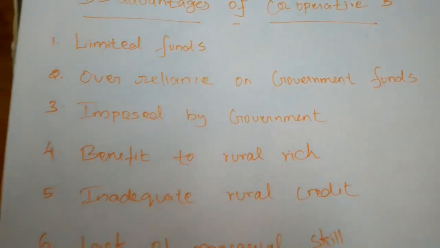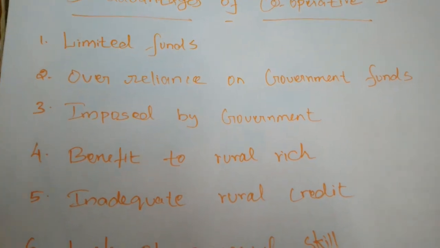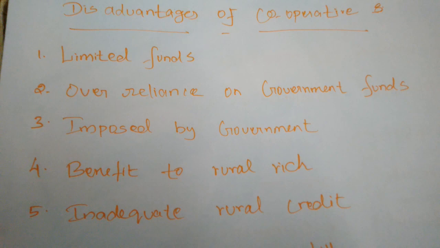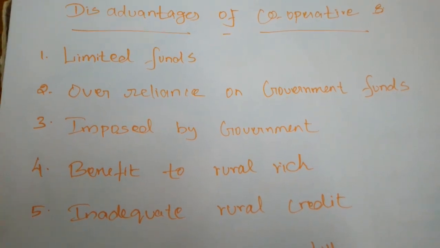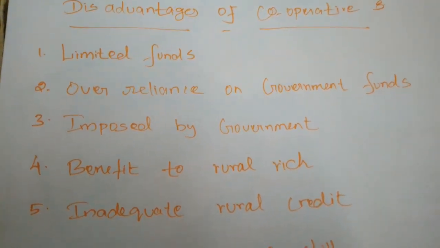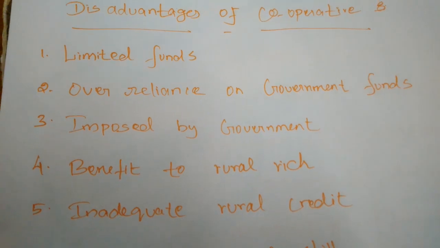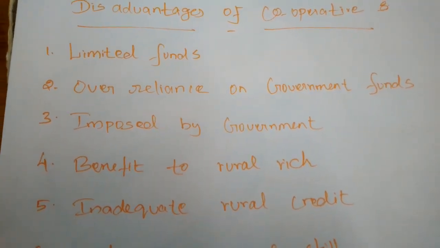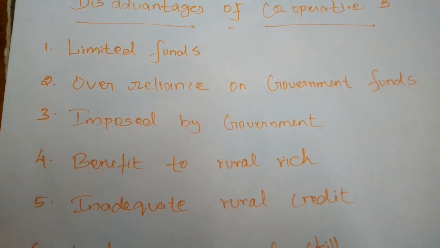So the members never make more capital. They have the ability to make limited funds only. The membership fees collected are very low also. Therefore, the funds available with the cooperatives are very limited.